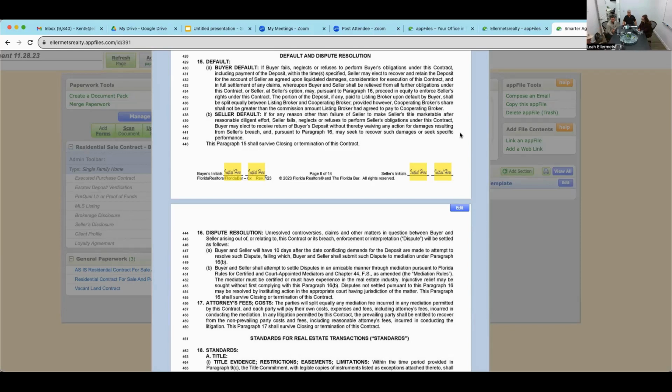And how about this? One I learned recently. I really thought that having an addendum for an appraisal when somebody's already financing the property anyway and it has to be appraised was redundant. So when I had a buyer say, no, I really want that on there, it made me go, why?